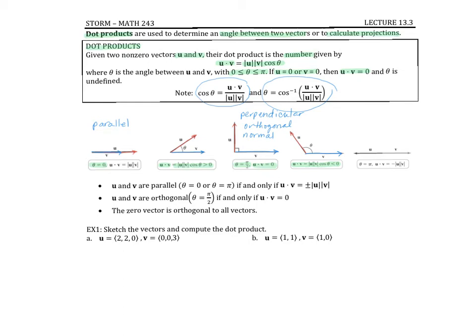The last example would be where we have u and we have v going in opposite directions. So the angle theta that's formed between u and v would be pi. Note that in this case, these vectors are also parallel.